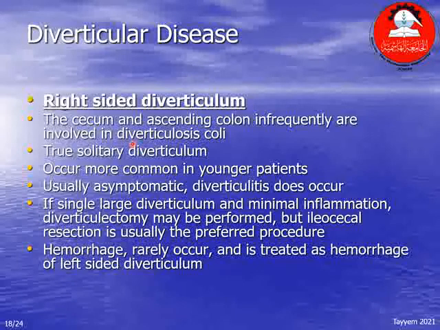Right-sided diverticulum affects the cecum and the ascending colon, and usually occurs in a young population. Commonly it is asymptomatic, and if there is a single large diverticulum causing inflammation, diverticulectomy is the procedure of choice, but occasionally you might have to do a limited right hemicolectomy.